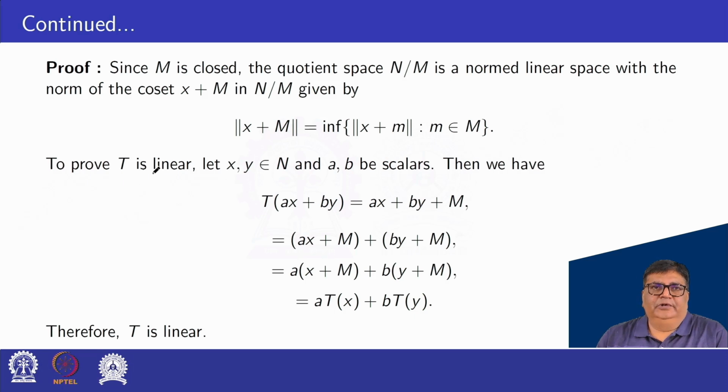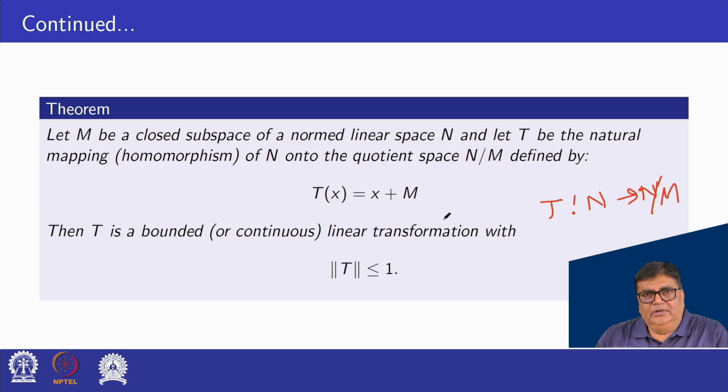Okay, let us prove T is linear. Let x, y belonging to N and a, b be scalars. Then we have T(ax plus by) is equal to ax plus by plus M as per the statement of the theorem.